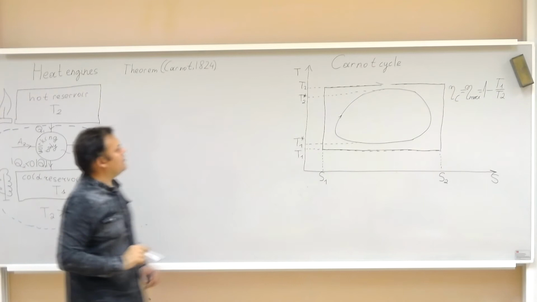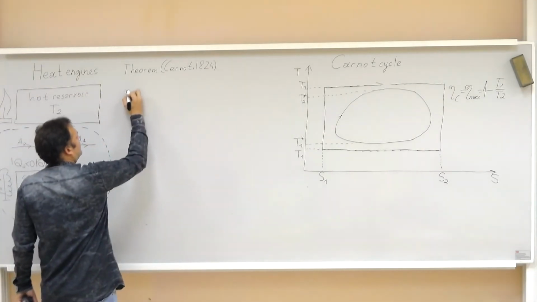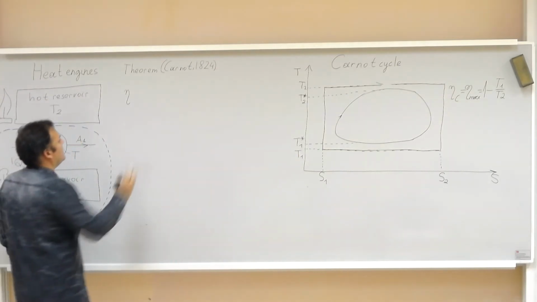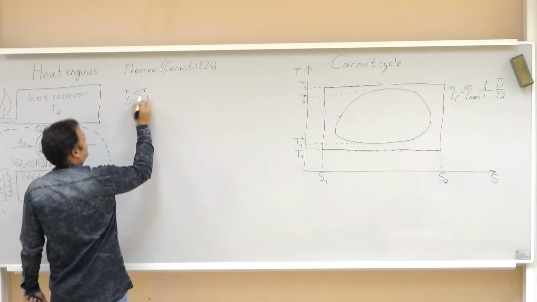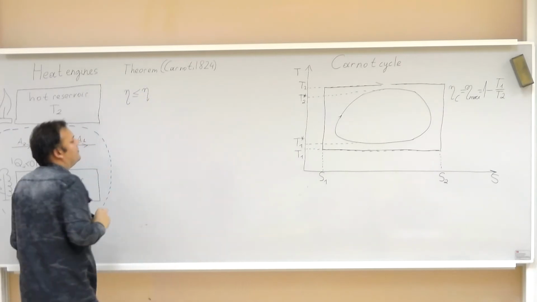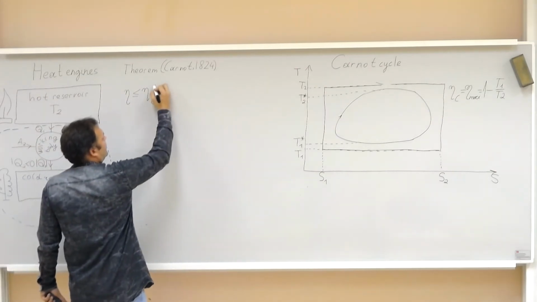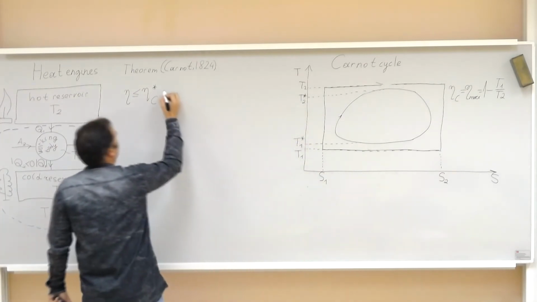The Carnot theorem tells us that the efficiency of such a cycle is less than, or maybe equal to, the efficiency of the Carnot cycle with temperatures T1 asterisk and T2 asterisk.